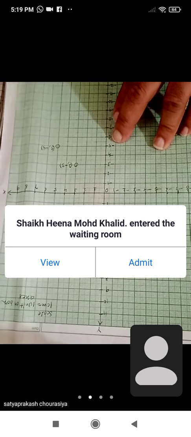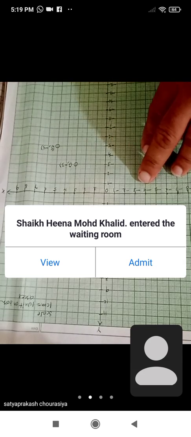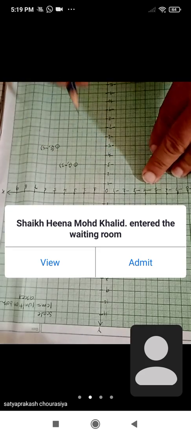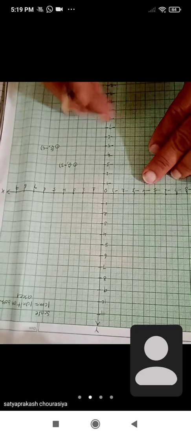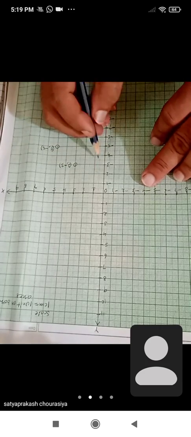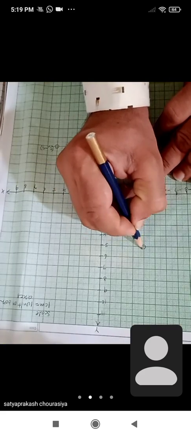Next point is -4 and 4. Here the x value is -4, so negative x values are on the left hand side of the y-axis. So it is here at -4, and the y value is positive, so this point will come in the second quadrant.